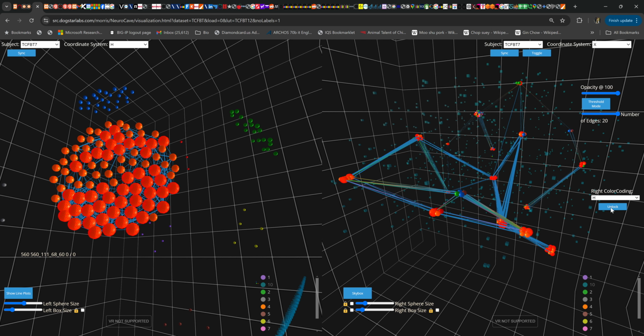And we just picked a high degree centrality cell type.